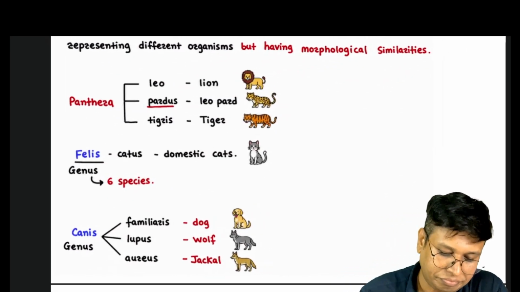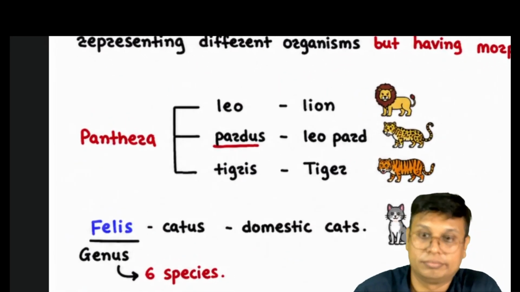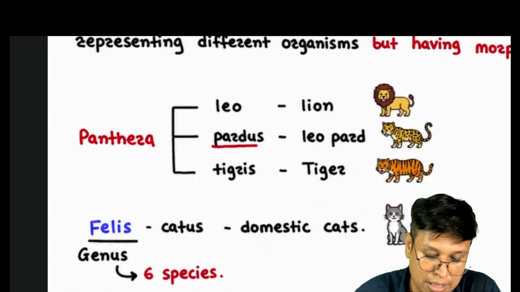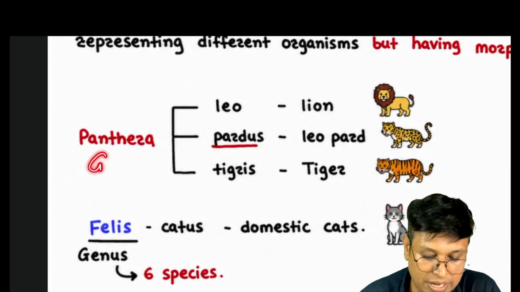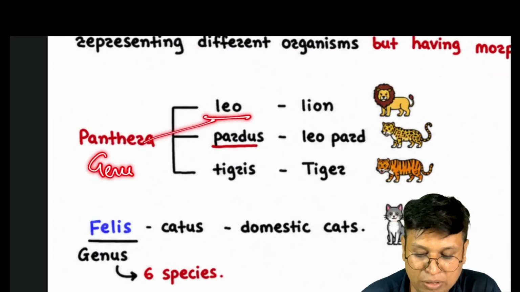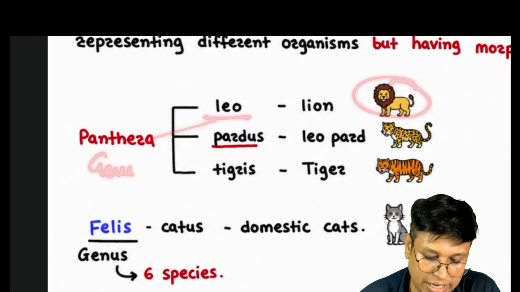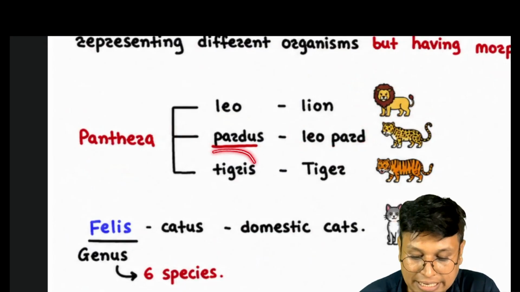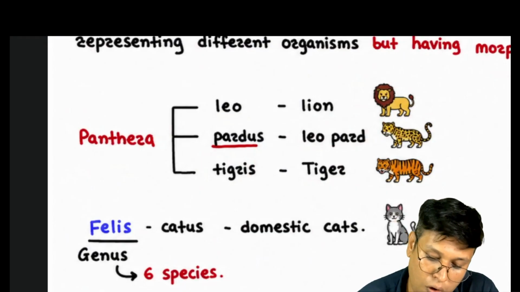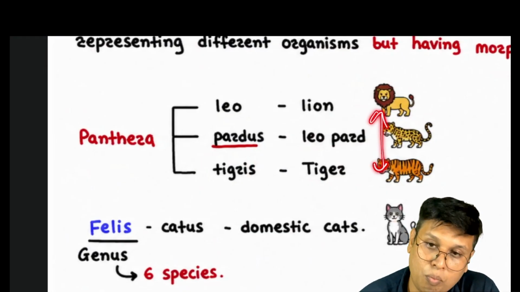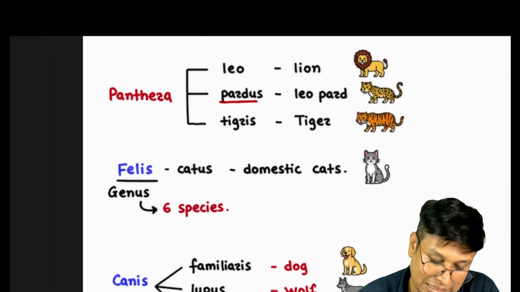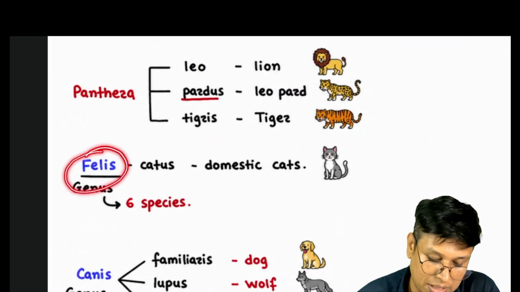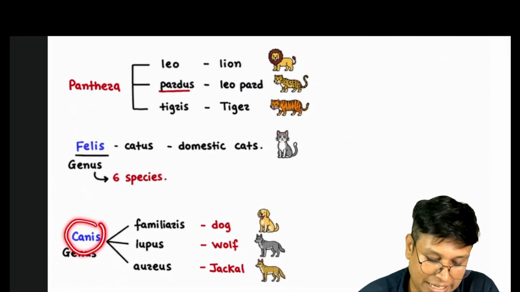Next, let's begin with Panthera. The Panthera genus will have Leo. Panthera leo is a lion. Panthera pardus is a leopard, and Panthera tigris is a tiger. All these three have more in common with each other than with Felis or Canis.